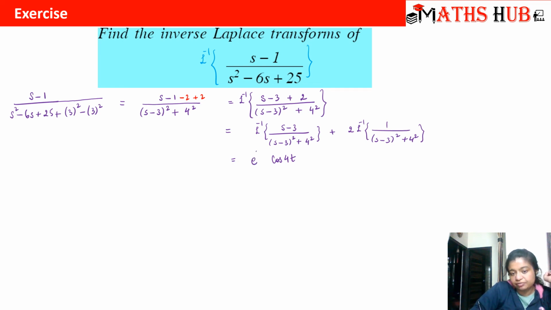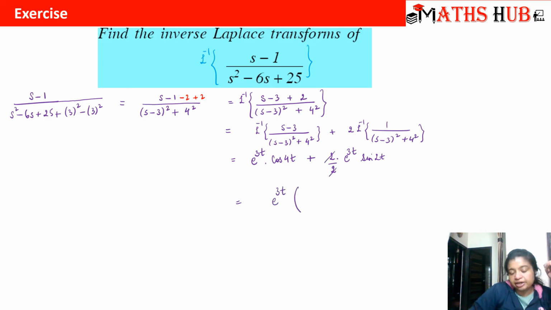So by first shifting property, exponential term will get multiplied with this, plus 2 times. So the basic function is again 1 by s square plus 4 square. So it will be 1 by 4 sine 4t, but s is getting shifted to s minus 3. So we need to multiply with e raised to power 3t. So 2 gets cancelled.